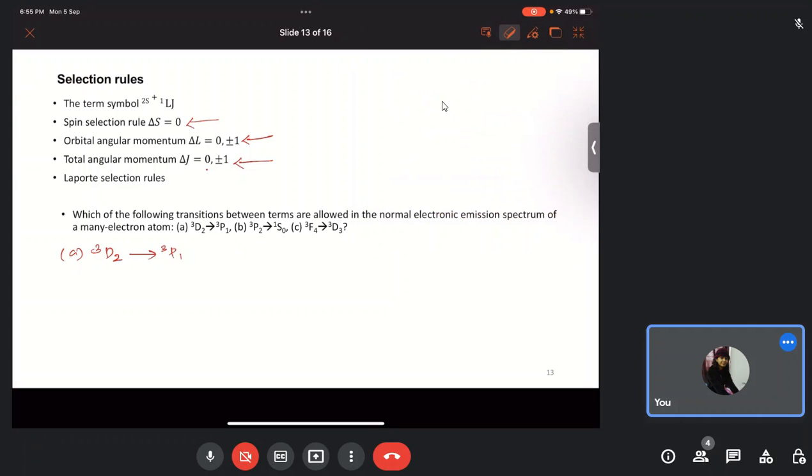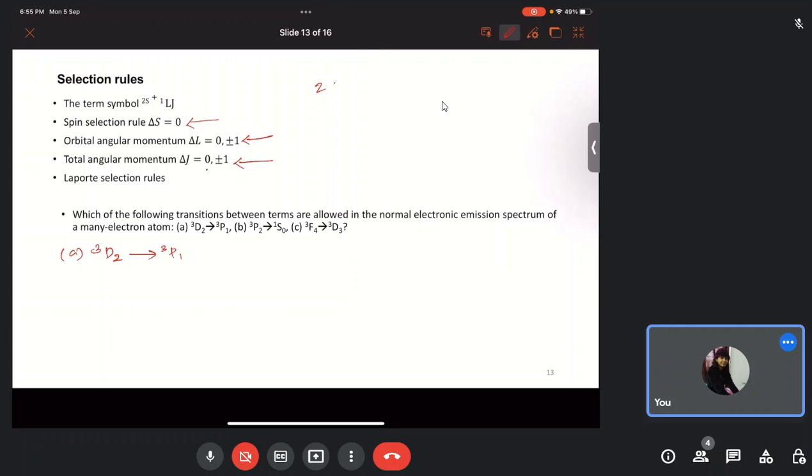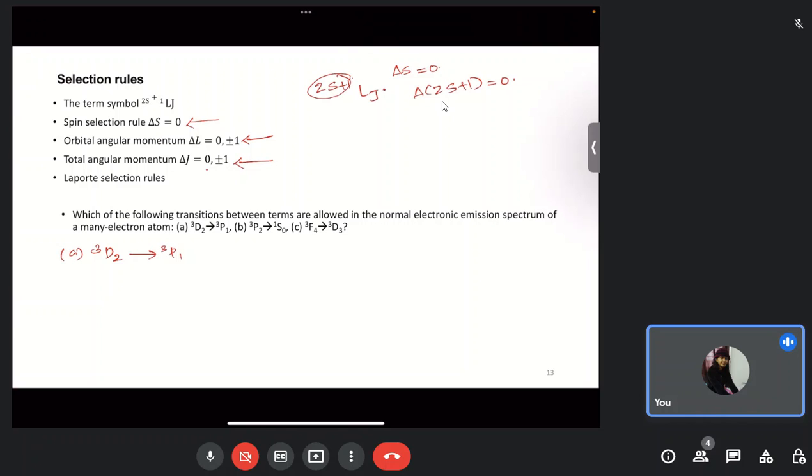Let me also elaborate on 2S plus 1, L, J. If the change in S is going to be 0, then the change in 2S plus 1 should also be 0. So if we are having a transition between spin multiplicities 3 to 3, it's spin allowed.